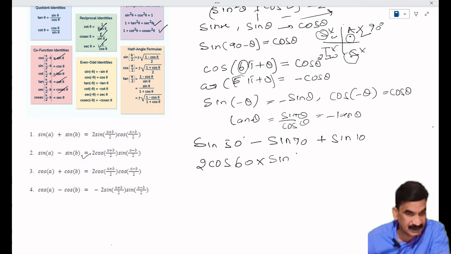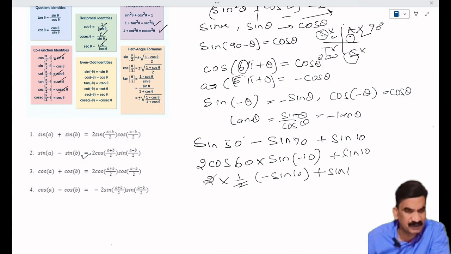So it'll be sine minus 10 plus sine 10. Now it's pretty simple that cos 60 is 1 by 2. So this is 2 into 1 by 2. I'll be left with minus sine 10. Remember, sine minus theta is minus sine theta, plus sine 10, and it would be 0, right?